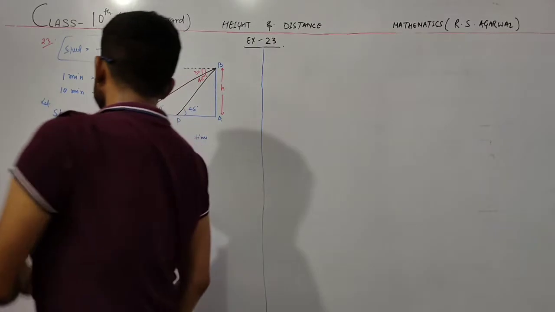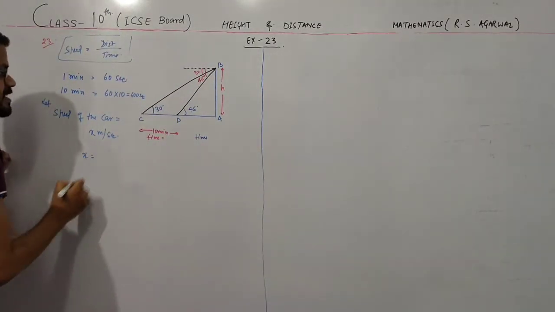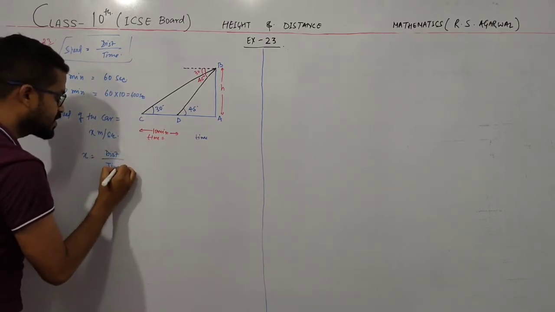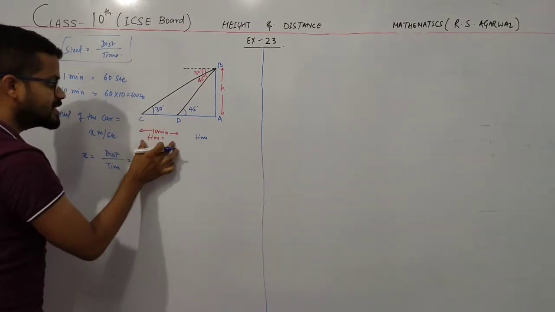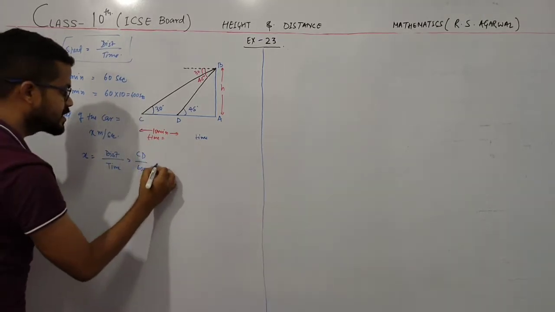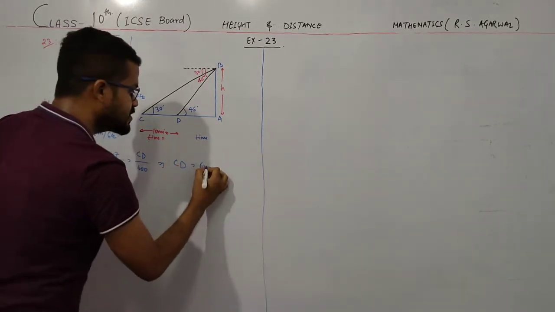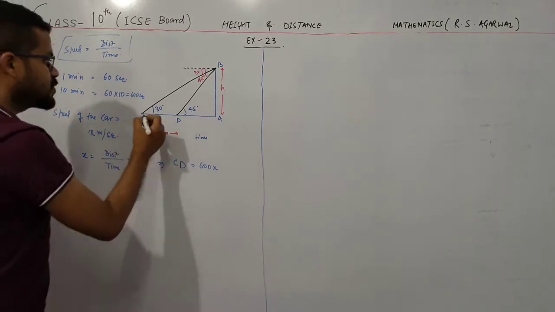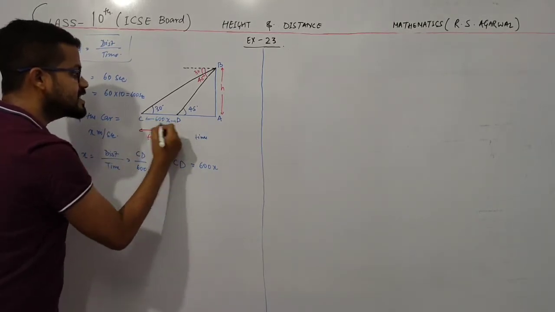So if the speed is x, the formula is distance upon time, and the distance is CD, and time is 10 minutes, which in seconds is 600. So by cross multiplication, CD is equals to 600x. This distance is 600x.